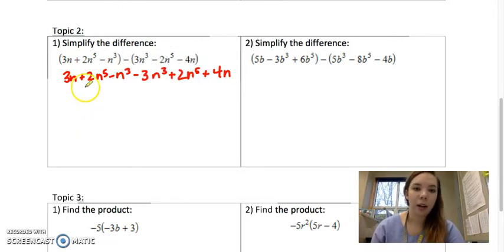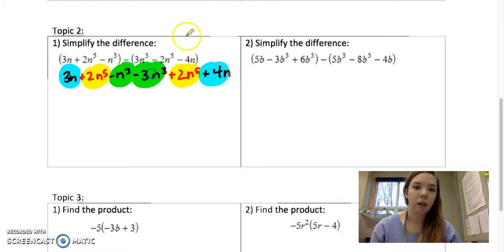And now I'm going to highlight my like terms. 2n to the fifth, 2n to the fifth, 4n and 3n, and then negative n cubed and negative 3n cubed. So 2n to the fifth plus 2n to the fifth is 4n to the fifth. Negative 3n cubed minus 3n cubed is negative 4n cubed. And 3n plus 4n is 7n.